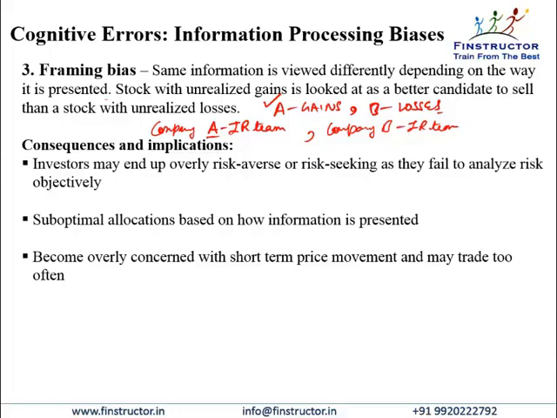So it's often seen that more investment would be towards company A because people suffer from framing. That is, the way the information is framed or presented has an impact on our decision making.